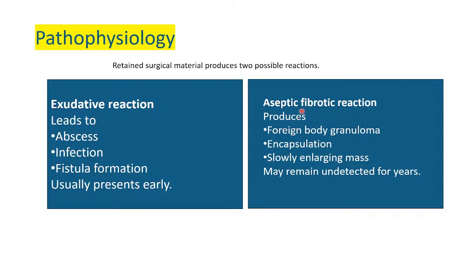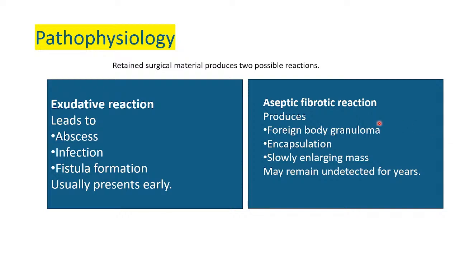And then we also have an aseptic fibrotic reaction, which produces foreign body granulation, granuloma, encapsulation, and a slowly enlarging mass that may remain undetected for years. So these are the two reactions that can form.